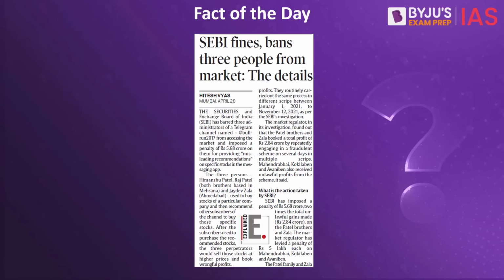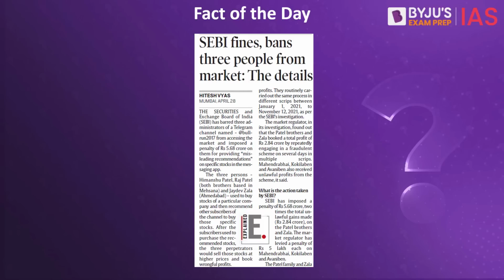Once that is done, this person will start buying the shares of that company, and eventually he'll ask you to buy as well. When a massive number of people start buying the shares of the particular company he has suggested, he would sell his shares, earn the profit, and immediately move out of that company's share.